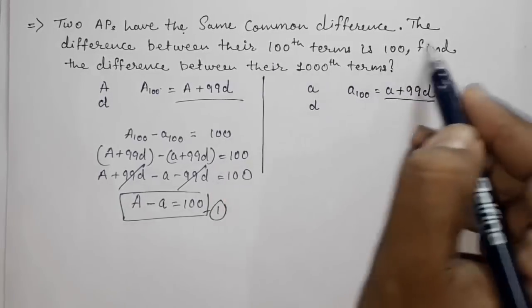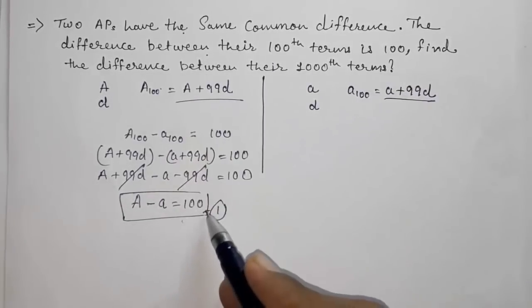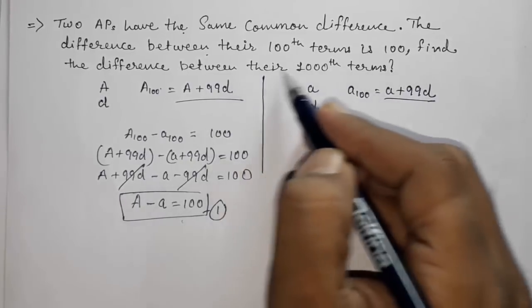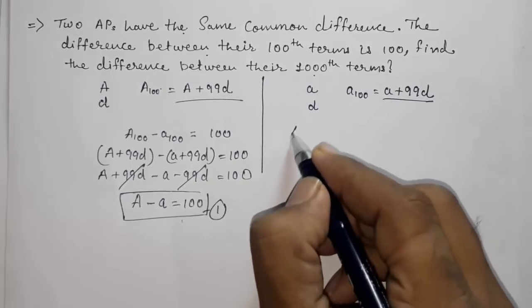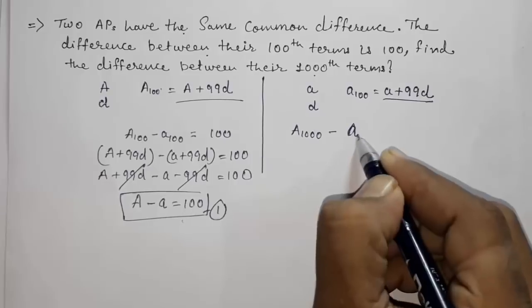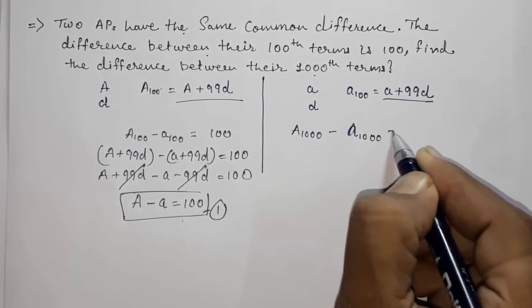They had given this, with the help of that given we had found out this. Now they told us to find out the difference of the 1000th term. So A1000 minus small a1000, that we want to find out.